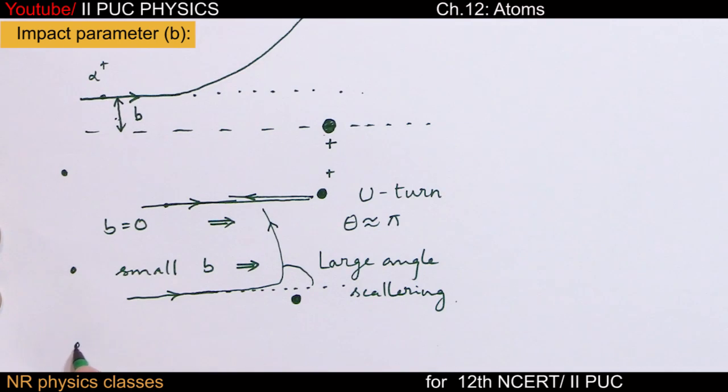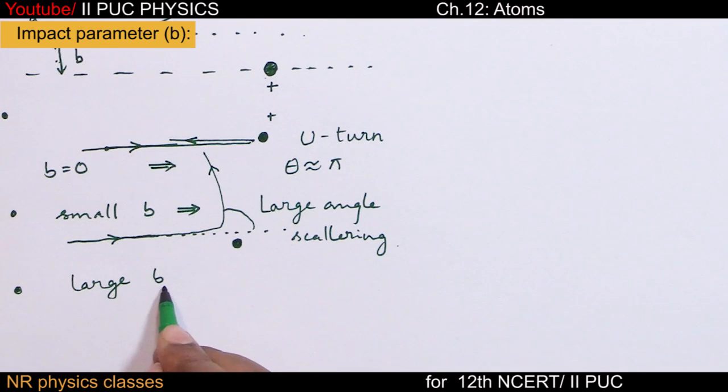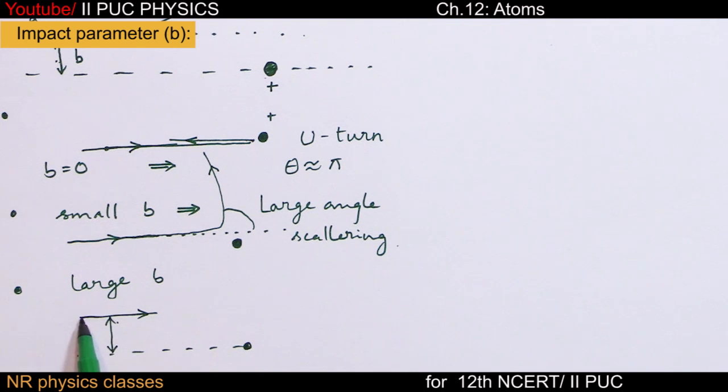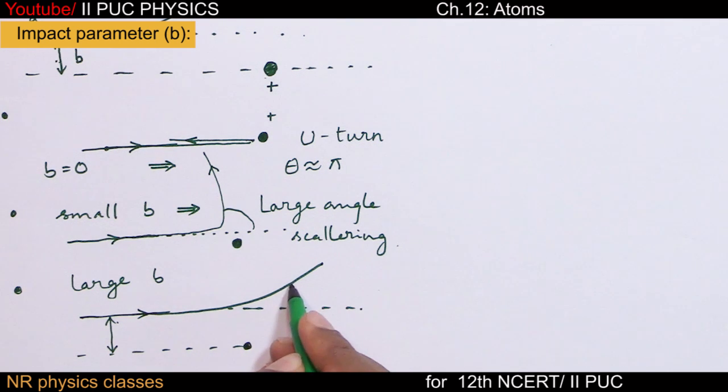Similarly, large impact parameter means this is the direction of the velocity vector. This is the nucleus, median. This distance is more. This distance is more means as the alpha particle approaches the nucleus, because of the large distance, repulsion is less. So scattering is also less. Draw a tangent. Using the tangent, one can find the angle of scattering.